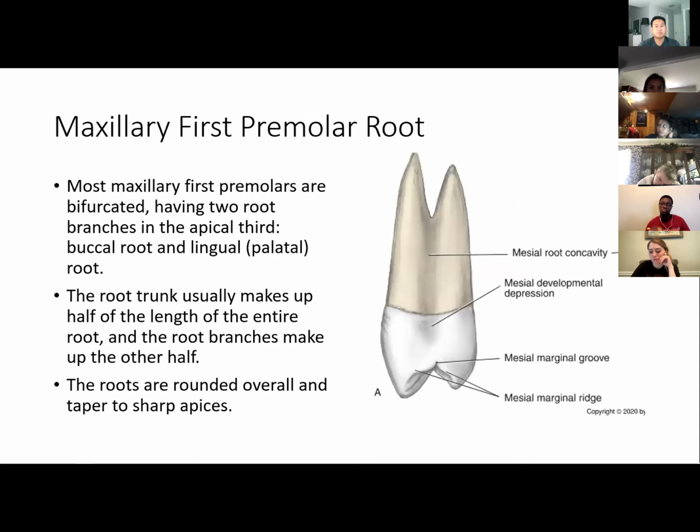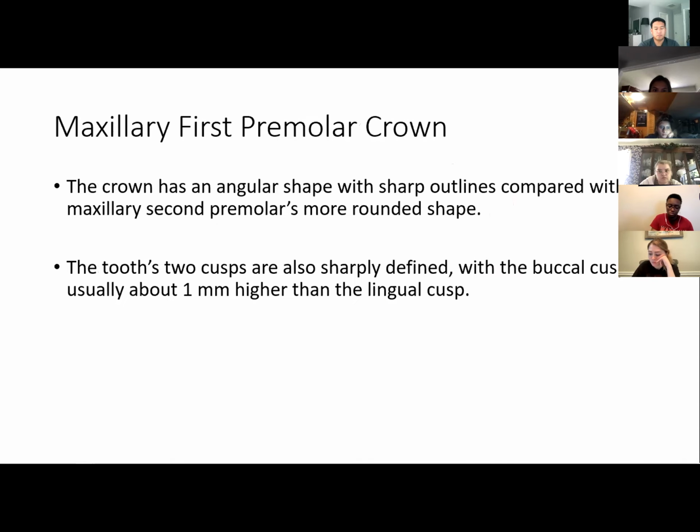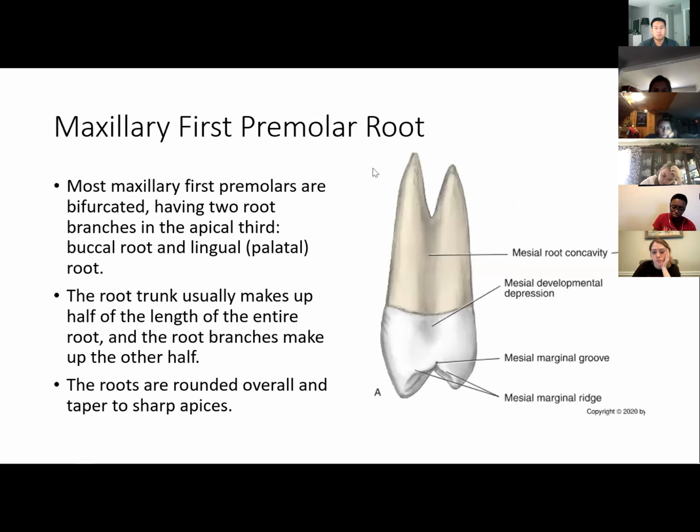So looking at the root, most maxillary first premolars are bifurcated at the very tip, and branch in the apical third. As you can see here, it goes in this direction. This is the apical third, whereas this is the middle third. Here's the cervical third.